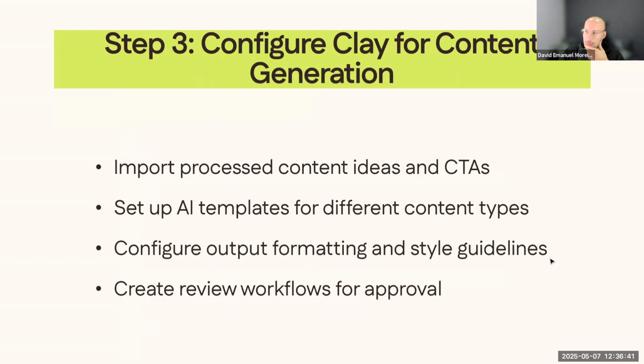And after doing that, you should create your Clay table to handle that data. So you can import all that content, ideas, and CTAs into a Clay table. I want to show you how we're doing it and set up all the templates and configure the output formatting and so on. So let's jump into it.